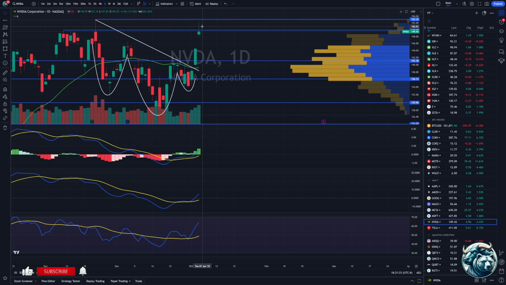MACD and TSI in this case is looking fantastic. I think that NVIDIA still has more room to continue going up.